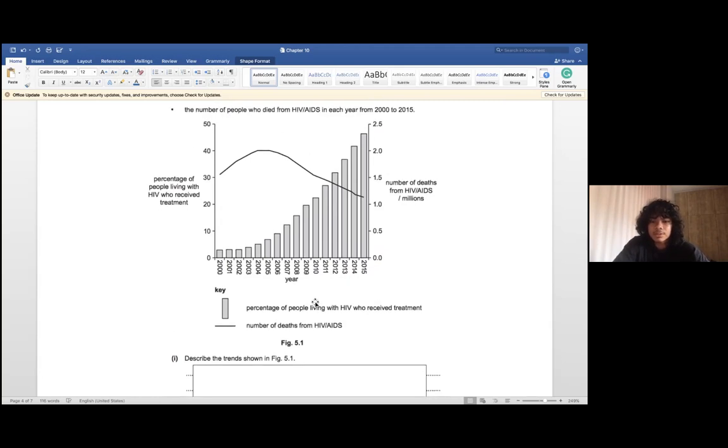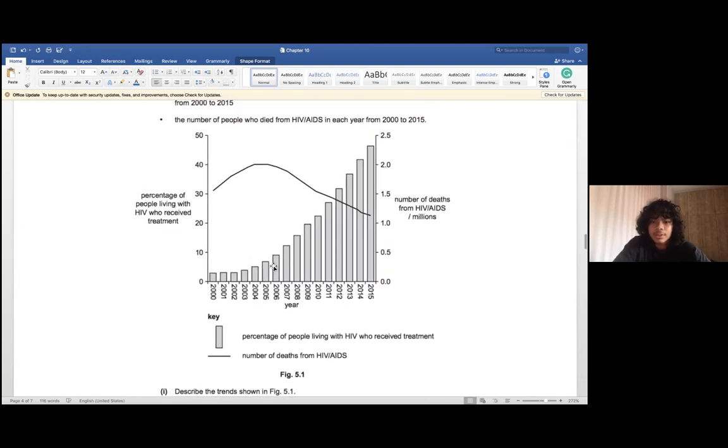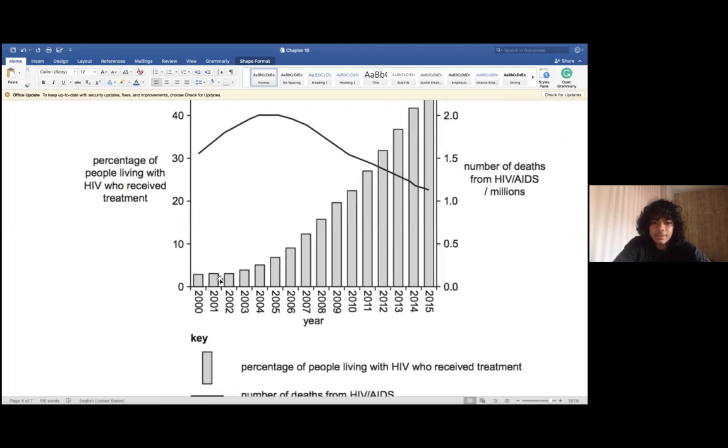Okay, so over here, you can see that it doesn't actually increase a lot from 2000 to 2002. It just increases a little bit, and then it decreases a little bit, but overall I don't think there's much of a difference, and then it only increases after that.